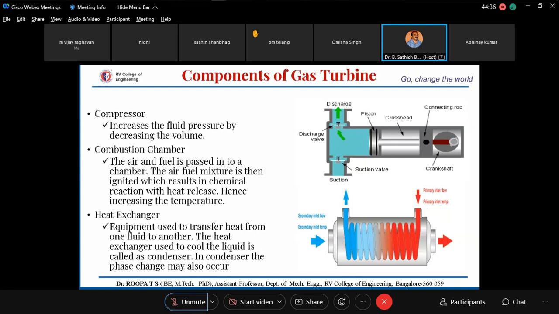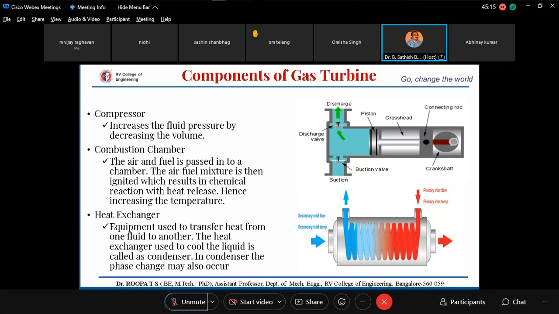The next component is the combustion chamber. What is going to happen in the combustion chamber? The air and fuel are passed into a chamber. The air fuel mixture is then ignited, which results in a chemical reaction with heat release, thereby increasing the temperature further. The name itself suggests it is a combustion chamber. Whatever the fluid, either the air fuel mixture or the fuel itself, or a combination of air and fuel, whatever we take inside the chamber is going to be ignited.